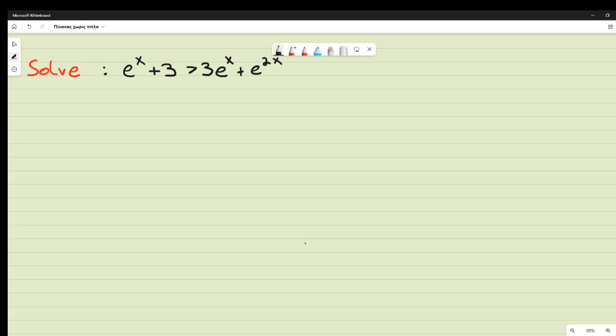So we start by bringing everything to the second part of the inequality. Wait a minute, this is greater or equal. So we will write, let's call it inequality star, and we will write star like this.